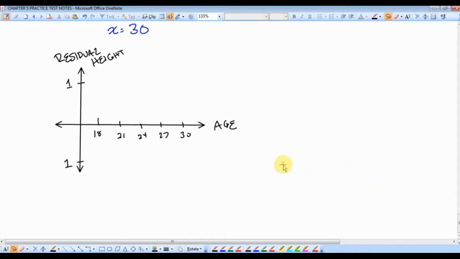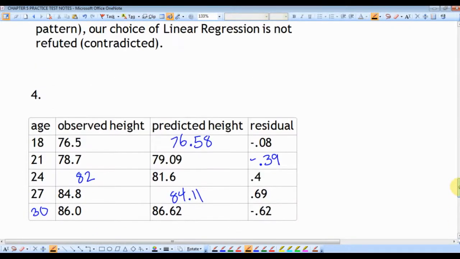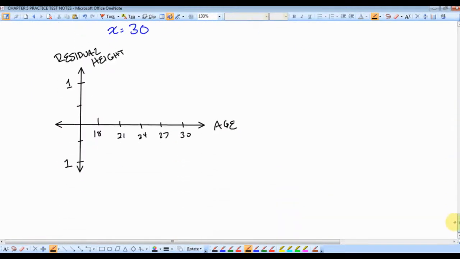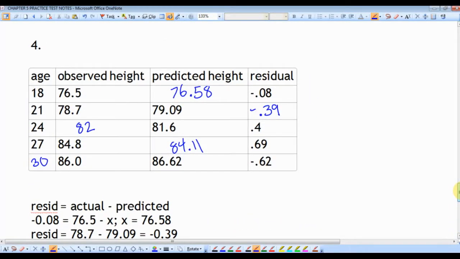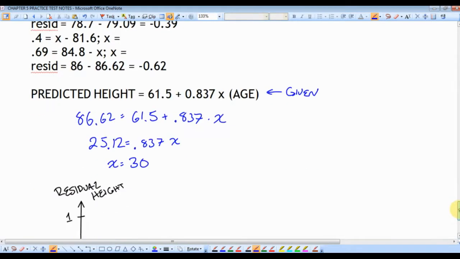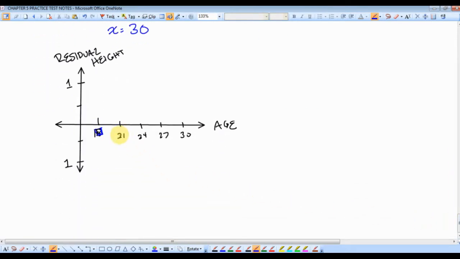All right, let's take a look at the first value of the residual. The first residual value is 18 and negative 0.08. So that's just barely underneath the graph. I'm going to do that in a different color so we can see it better. Again, I'm estimating where that is. The second one is 21 and negative 0.39. A little bit further down.